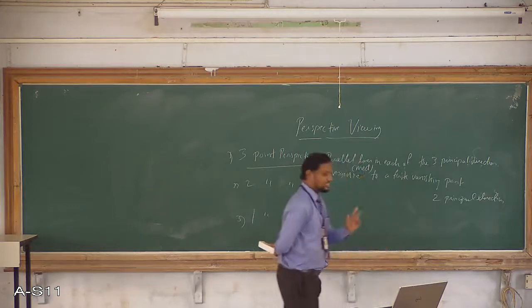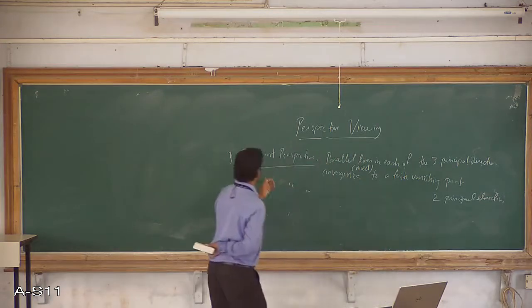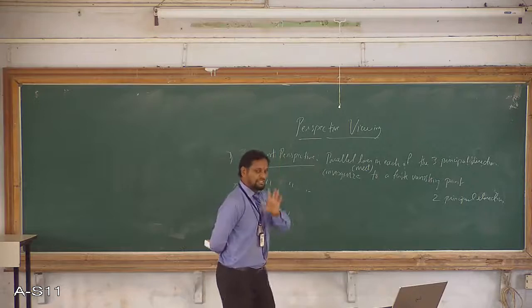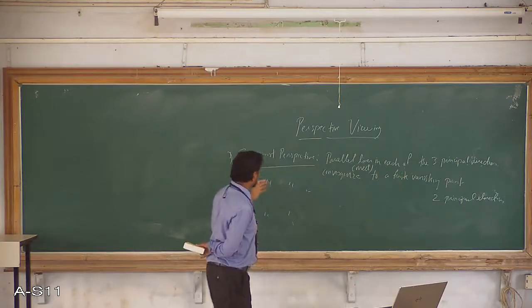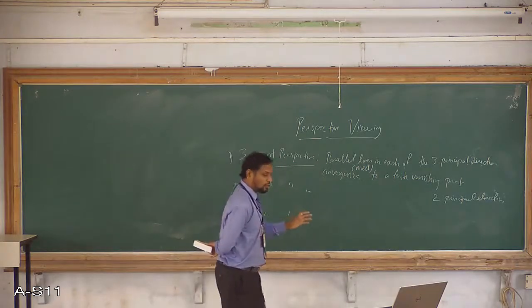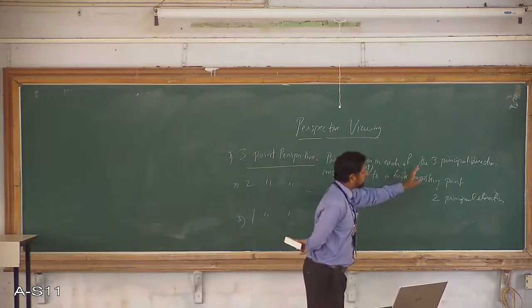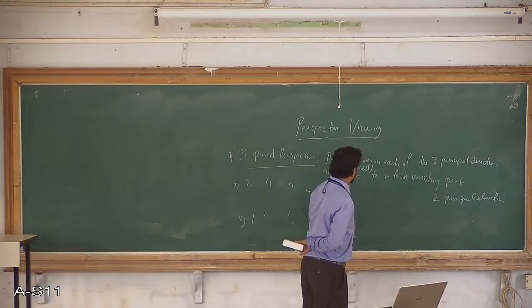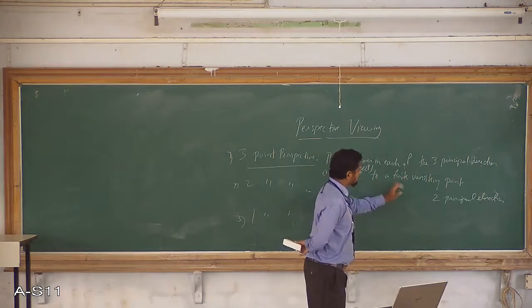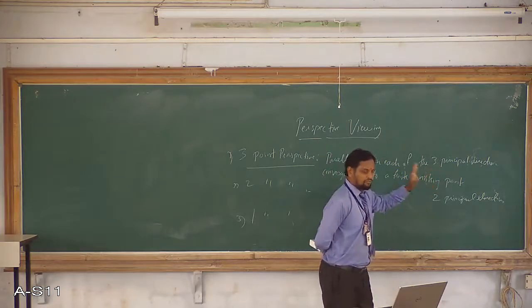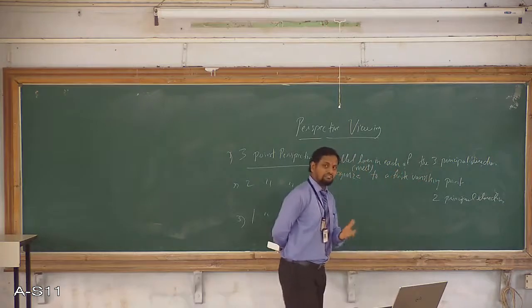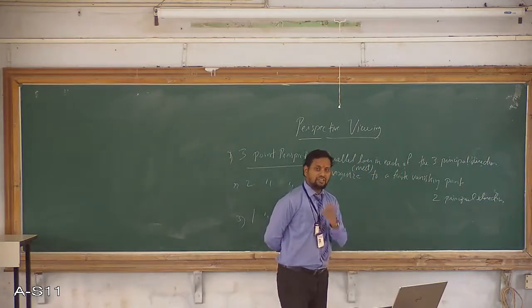Only two faces will be considered. So when I say three-point perspective, three faces are considered. When I say two-point perspective, only two faces will be considered. So parallel lines in each of the two principal directions converge to a finite vanishing point. Why is it finite? Because perspective viewing is finite. The view is finite.